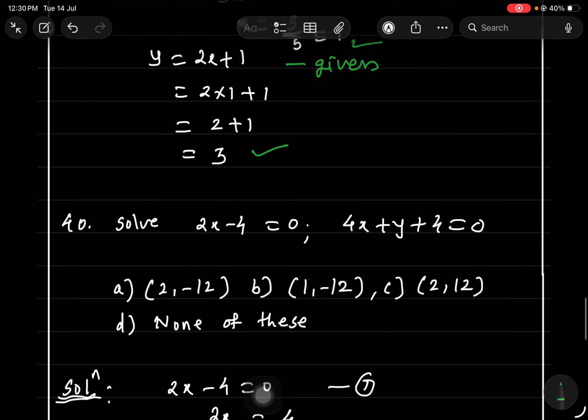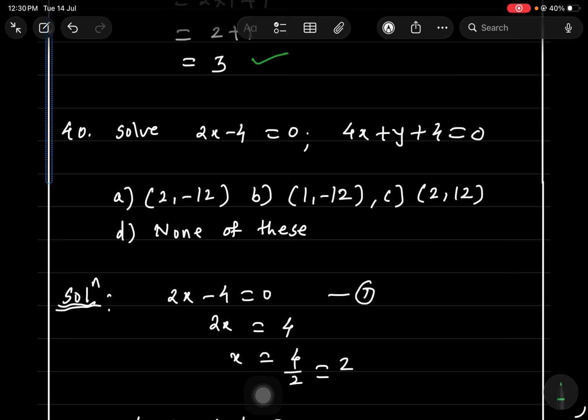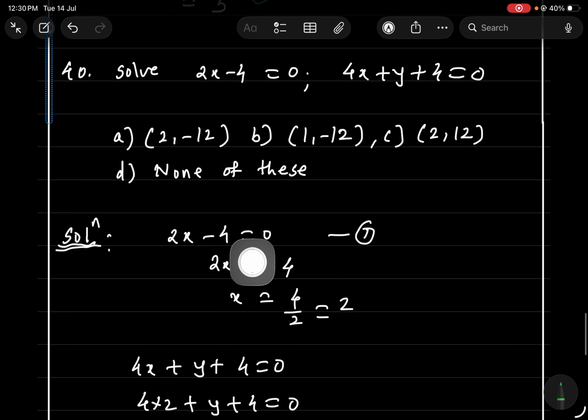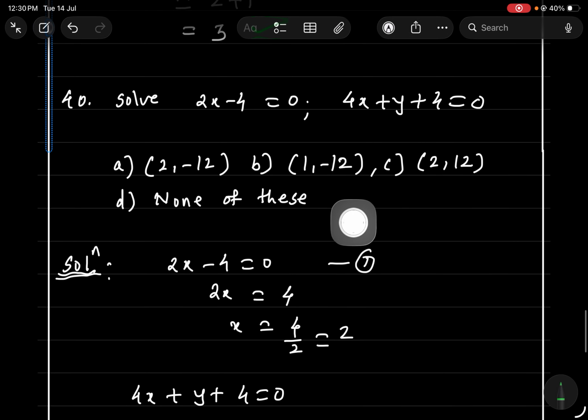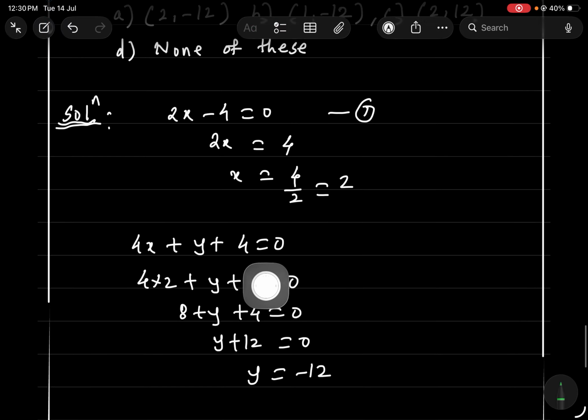Then the next question: solve 2x minus 4 equal to 0 and 4x plus y plus 4 equal to 0. So 2x minus 4 means 2x equal to 4, x equal to 4 upon 2, that means 2. Put this value in the other equation: 4x plus y plus 4.